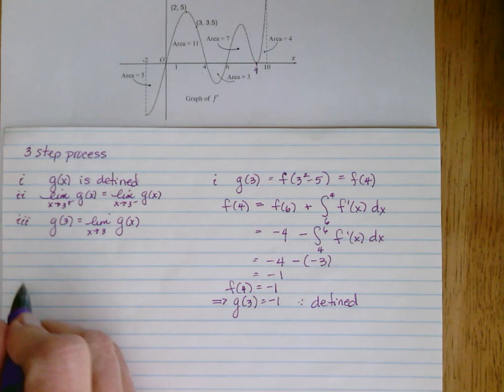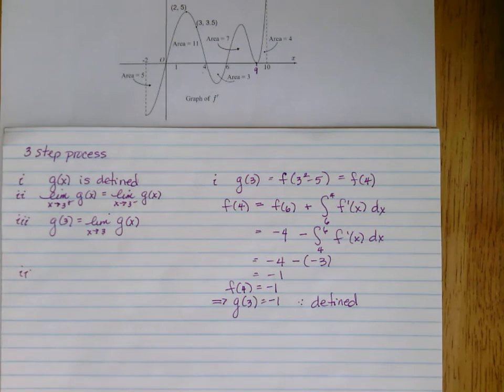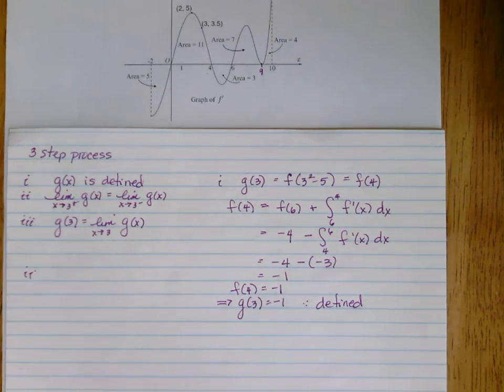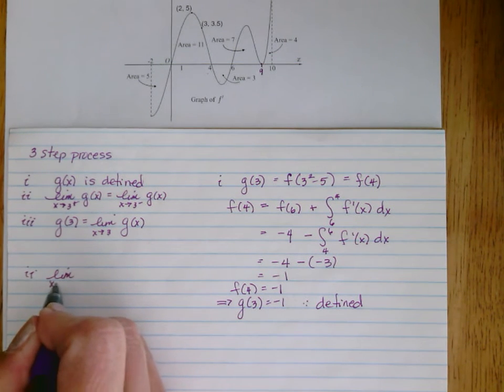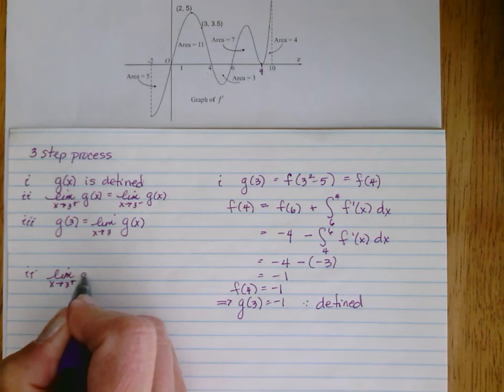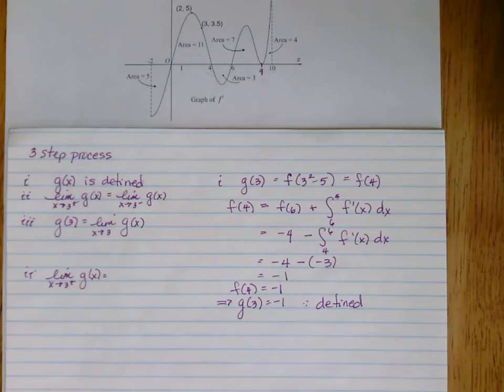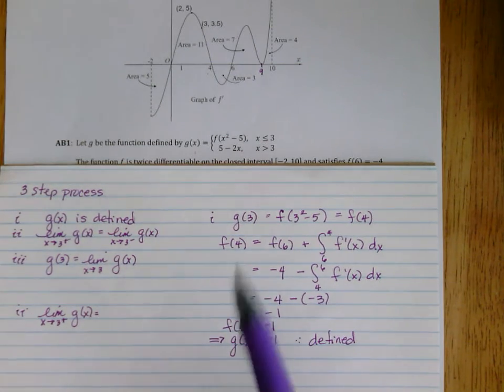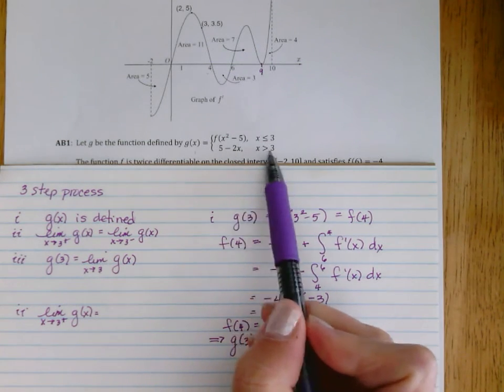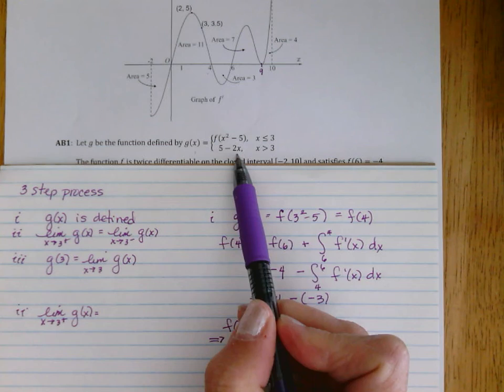Okay, now let's look at the second part, and that's to show that the limit from the left and the right are equal. So the limit as x approaches 3 from the right of g of x. Well, how do I find that? Well, we need to look at the function. 3 from the right is this piece here. So we're going to plug in 3 for that piece.